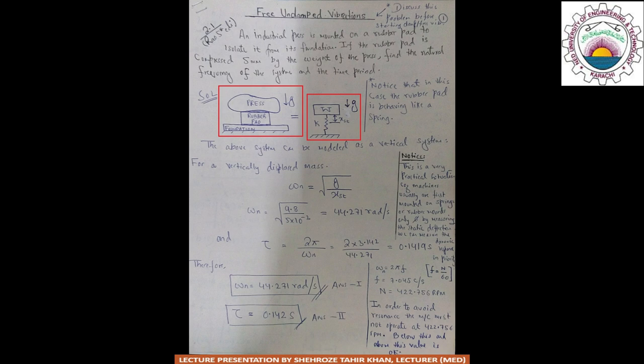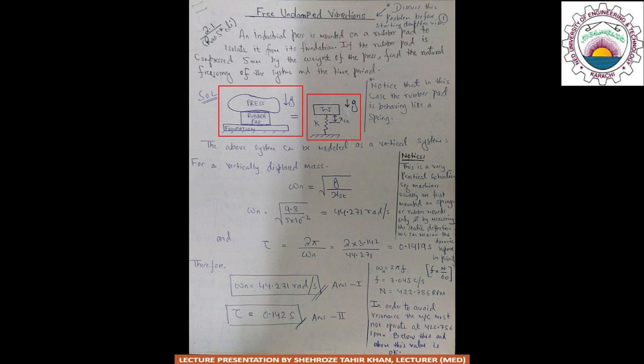By taking the value of m from here, we get m is equal to W upon g. Also, the rubber pad is acting as the stiffness element, and for stiffness we have F is equal to kx. And by taking the value of k from here, we get k is equal to F upon x.